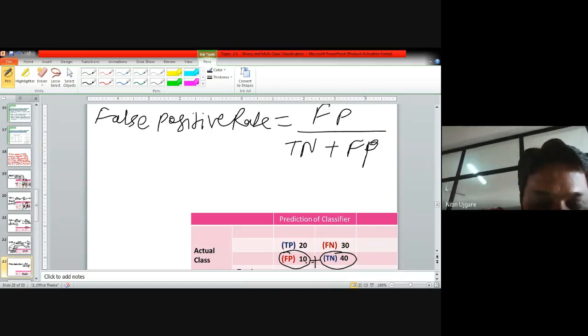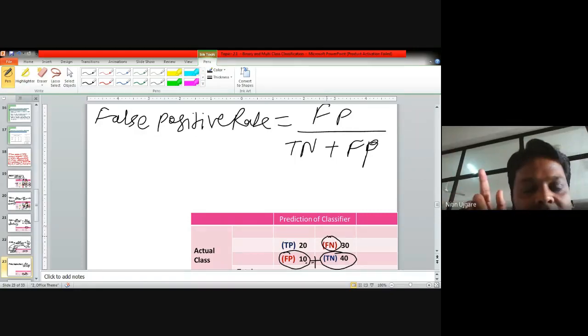What does FP represent? FP, that is false positive, represents the misclassification of negative instances, whereas FN represents the misclassification of positive instances. Okay, so this is the formula that we get. Now for this same example, we'll calculate the false positive rate.